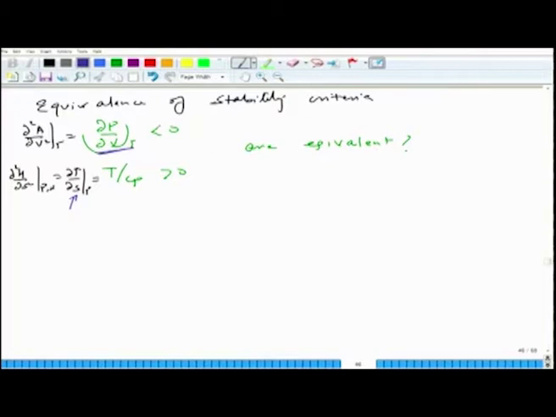That means introducing a new variable, which we can do using chain rules.